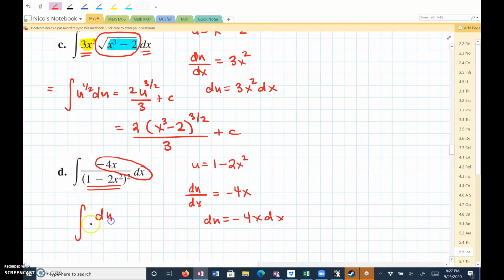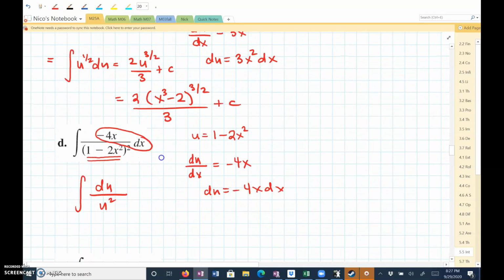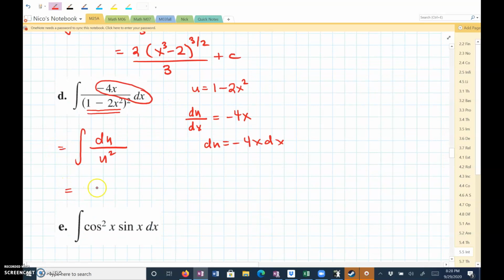That's going to be du. The bottom's going to be u squared. So I can think of this as being the integral of u to the negative second du. When I take the integral, I'm going to get u to the negative first divided by negative 1, or negative, plus c.